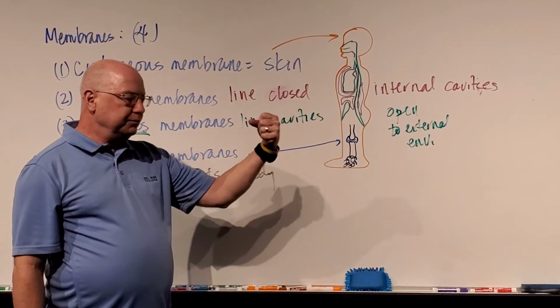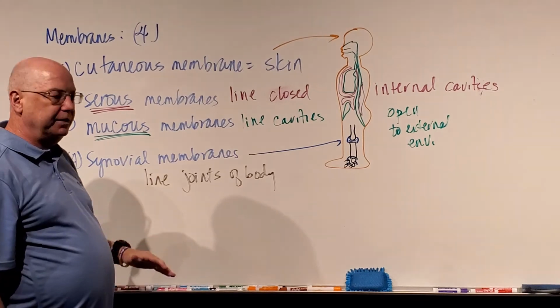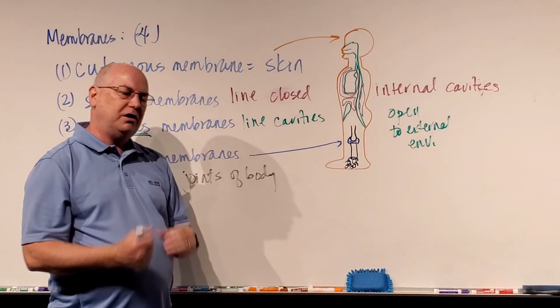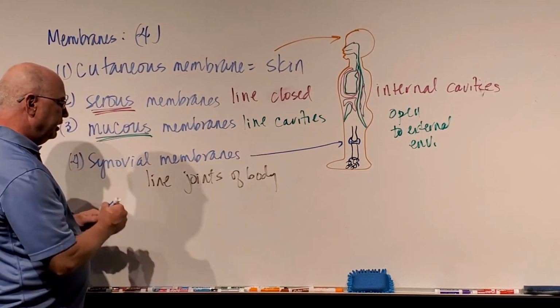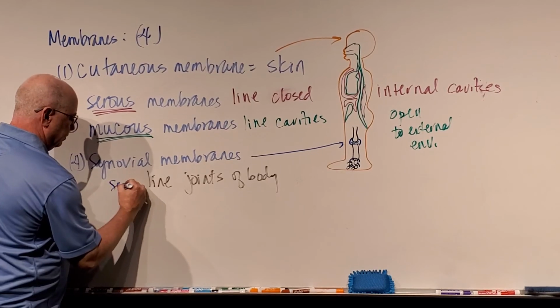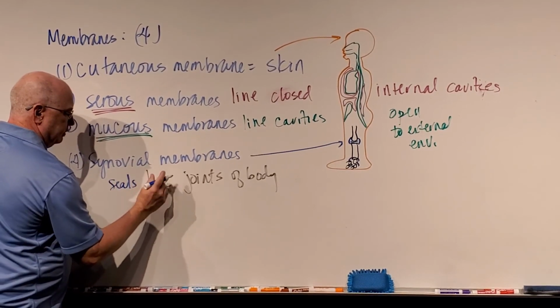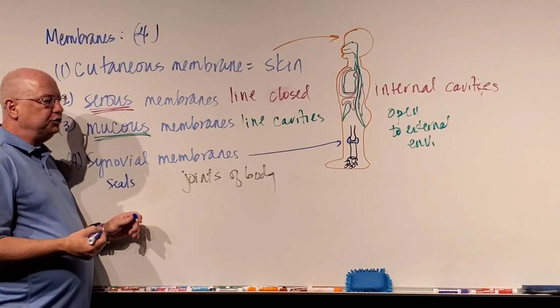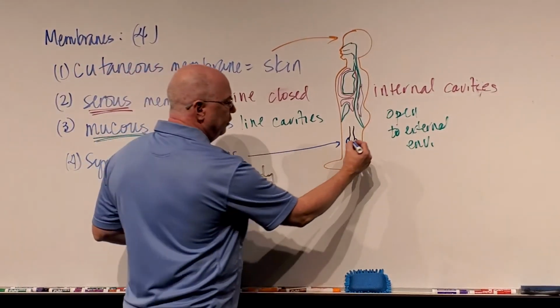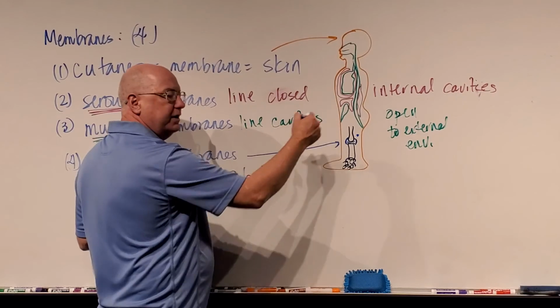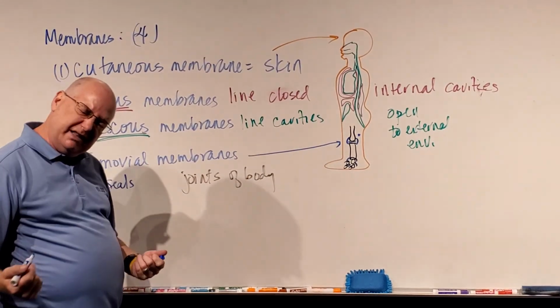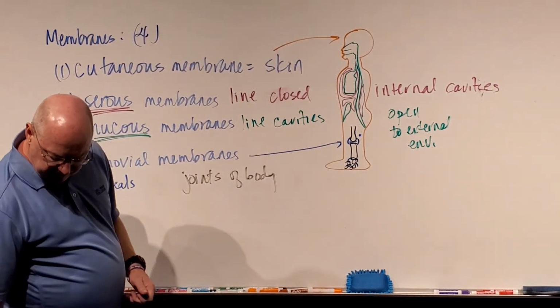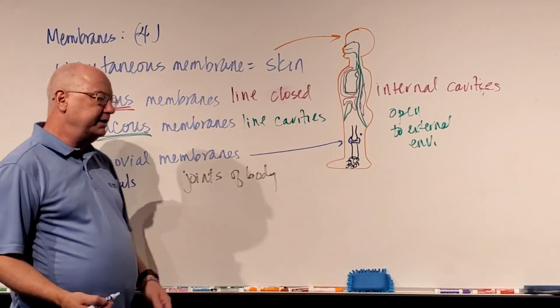So all of the movable joints have a synovial membrane that seals the joint off. Part of its job is to seal the joint off so that if you do have some little floater or piece of tissue that gets torn off, it can't make it into the joint and then it starts to grind. Like if you got a rock in your shoe, it would create damage.